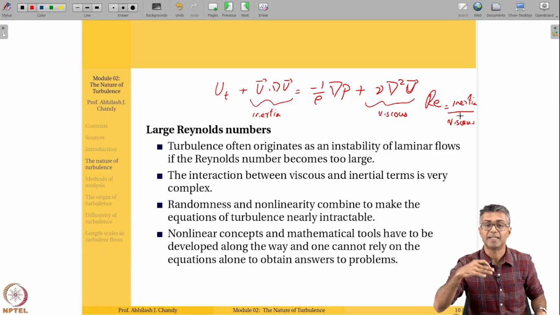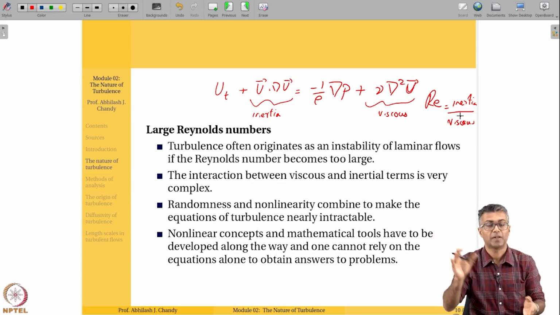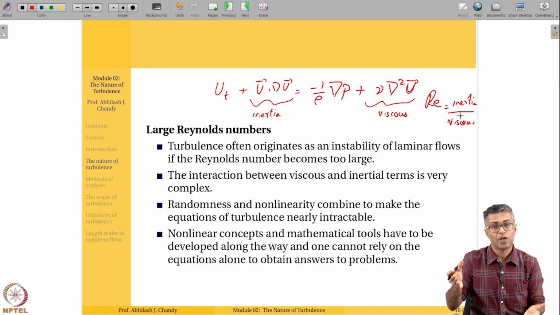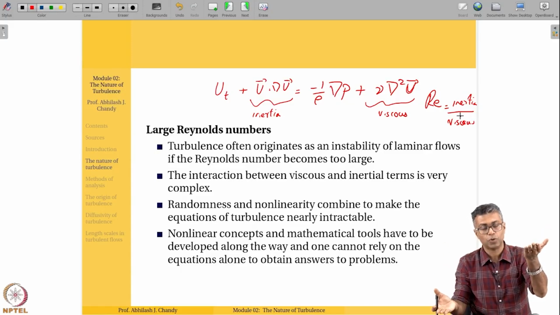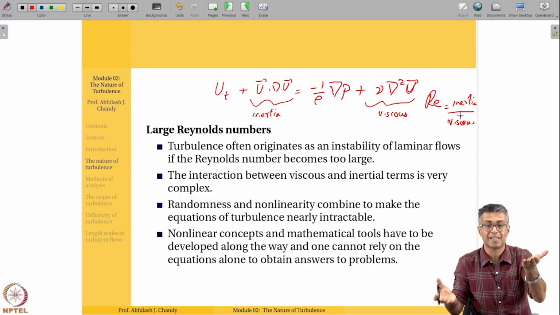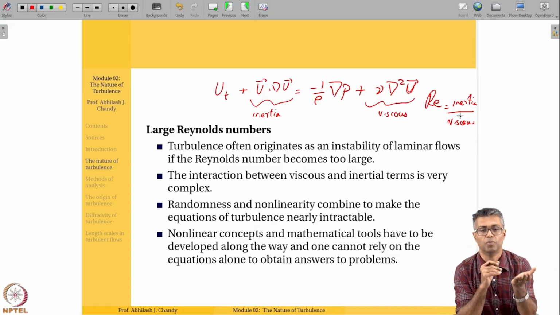It will get dissipated because of the high viscous nature of the flow. I'm talking about laminar flow. In a turbulent flow, on the other hand, when the inertia terms are high and the viscous terms are relatively low, the mechanism, the inertia, what it does is it tends to propagate the instability. That instability keeps growing and leads to turbulent flow.